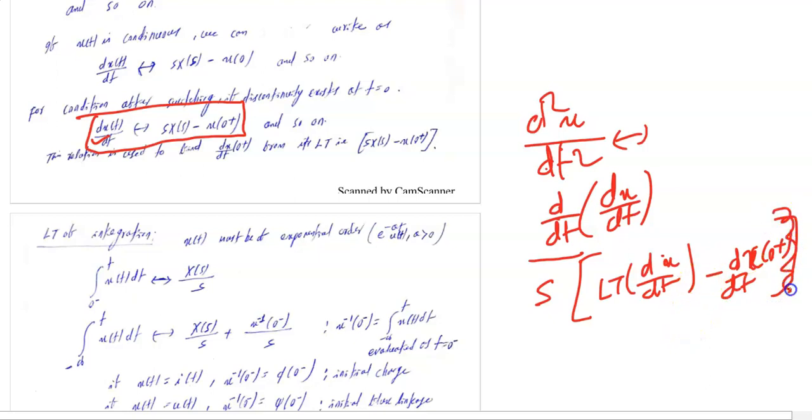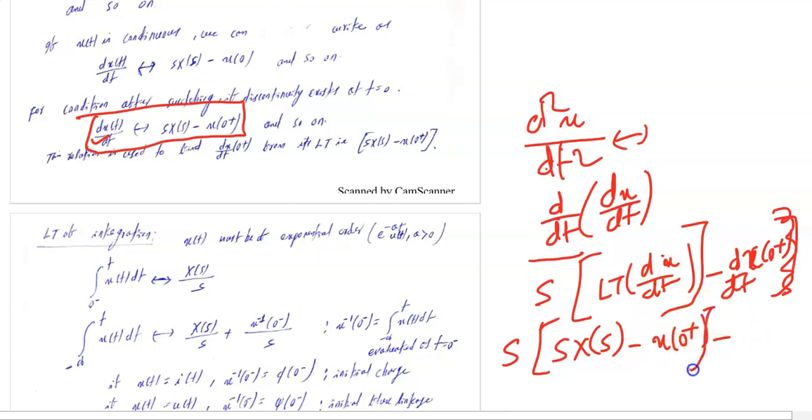Now the Laplace transform of dx upon dt, you know, is s X of s minus x of 0 plus. So minus x of 0 plus minus d upon dt of x of t at 0 plus.